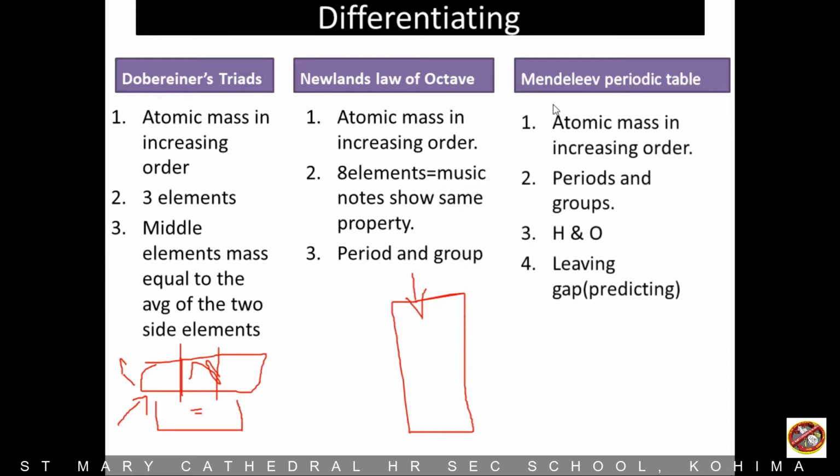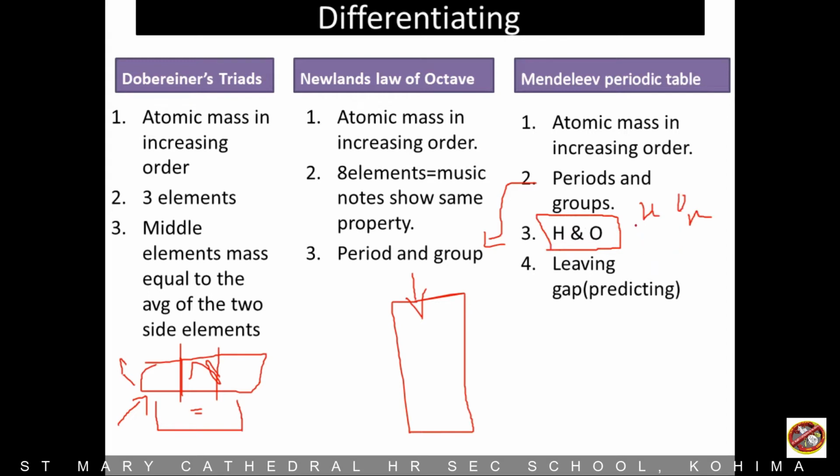Now in Mendeleev's periodic table, he himself also arranged elements in their increasing order of atomic mass. He also used the periodic group, and his main motive was that he used two elements, hydrogen and oxygen, from the hydrides and oxides formulas of the other elements.